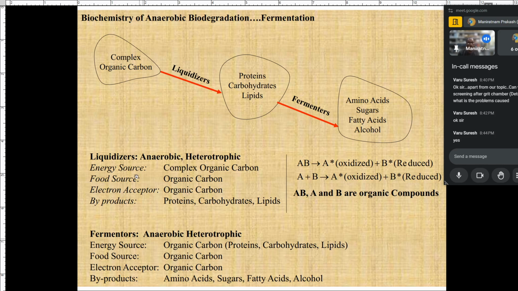So remember, these liquidizers are anaerobic heterotrophic, so any bacteria which has this nature will be present here. The energy source is again this thing, the food source, the electron, and the byproducts will be amino acids, sugar, fatty acids, and alcohols. So this is acid formation.